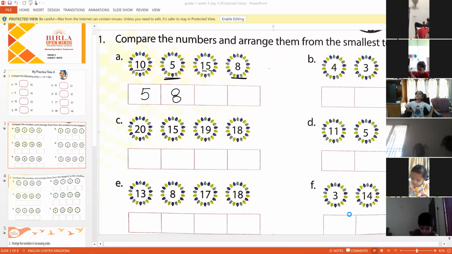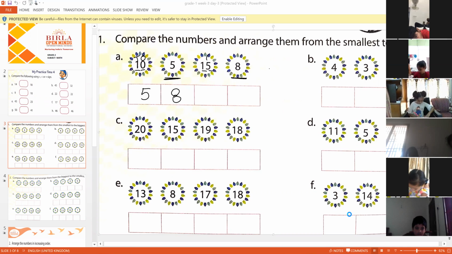And then we will move to the numbers 10 and 15. See here children. Now you have to compare the numbers 10 and 15. In 10, in ones place we have 0 and in tens place we have 1.